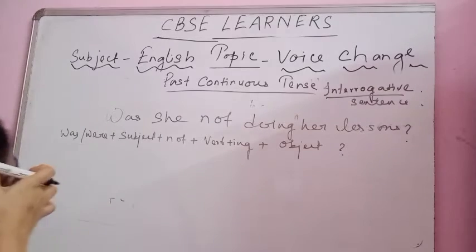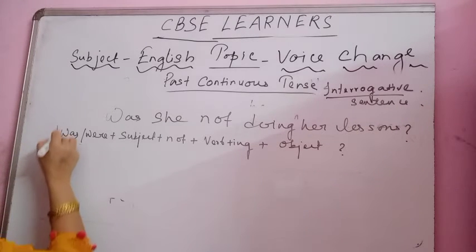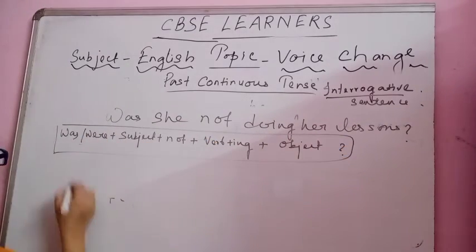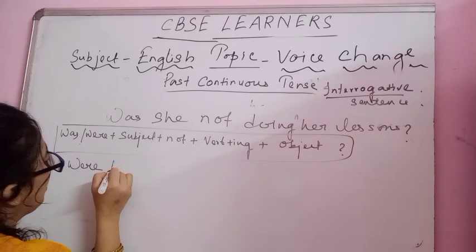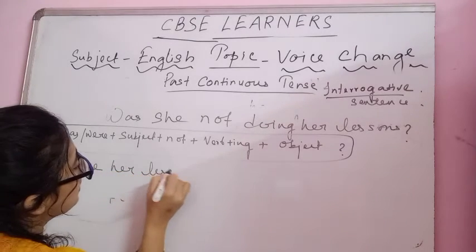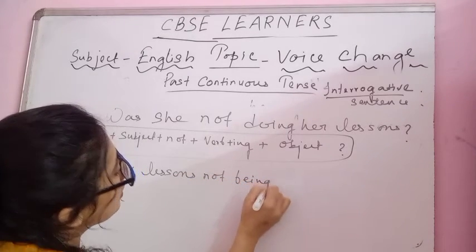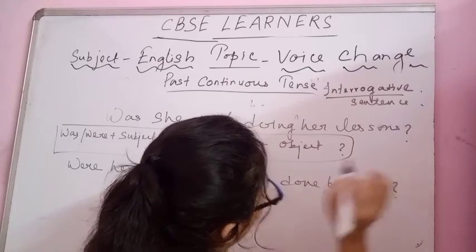Now if we are changing it into passive, we'll be bringing the object, and let's do: were her lessons not being done by her, with a question mark.